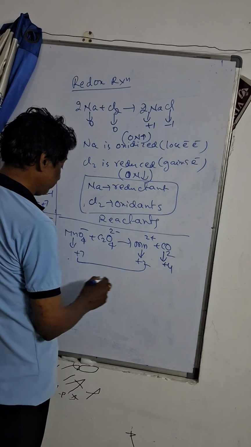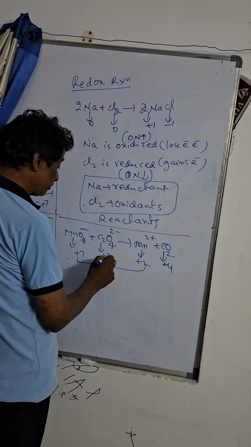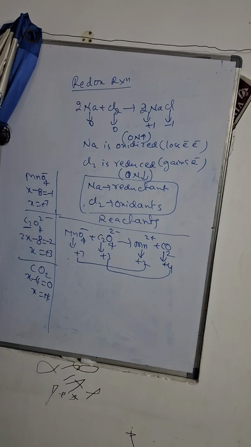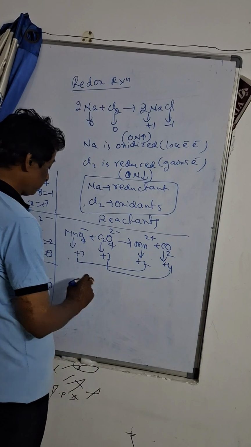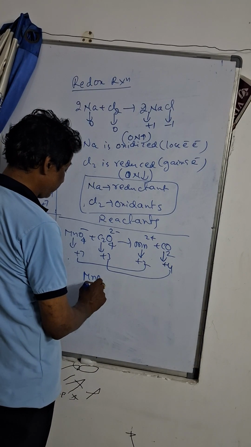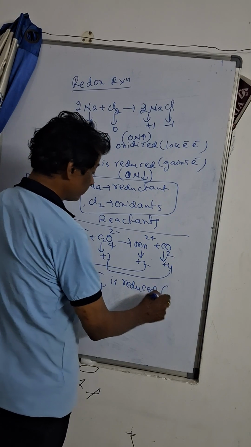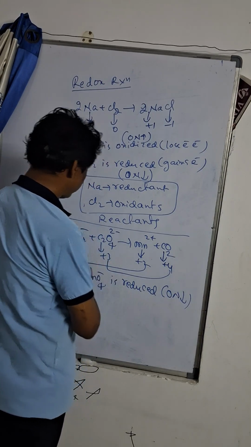Plus 7 to plus 2. Plus 3 to plus 4. MnO4 minus is reduced because oxidation number decreases, plus 7 to plus 2.